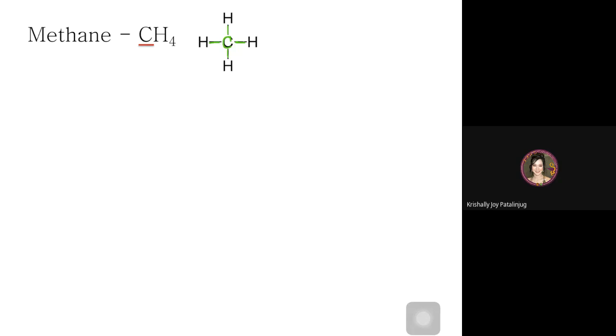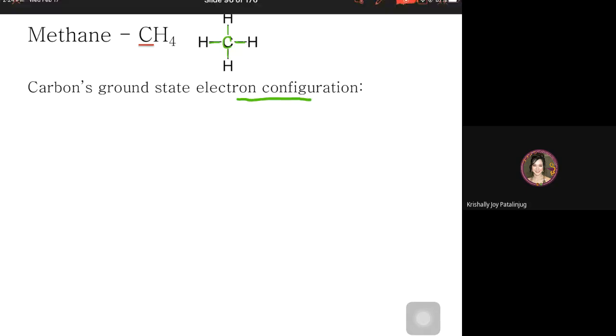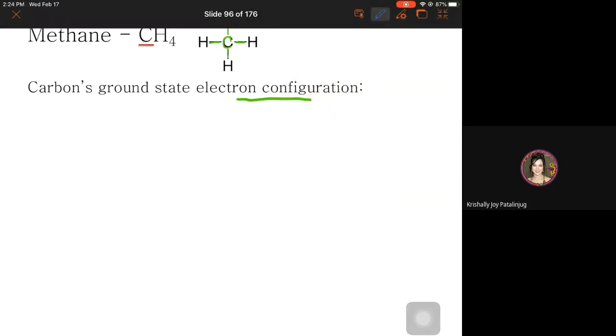Okay, let's start with the electronic configuration of carbon as the central atom. Diba, recall, kanina pinakita ko naman the distribution of electrons for the atom of carbon. Again, it has 6 electrons that surround the atom of carbon.